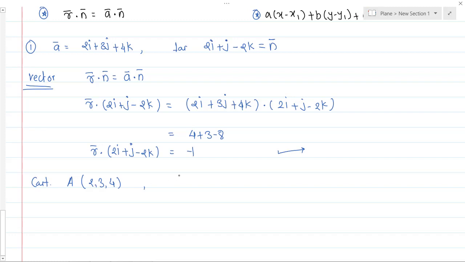The direction ratios of n bar are a, b, c, which is 2, 1, minus 2.